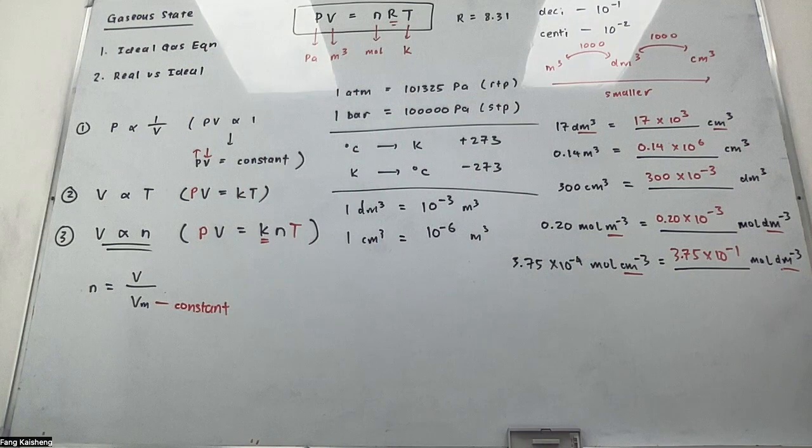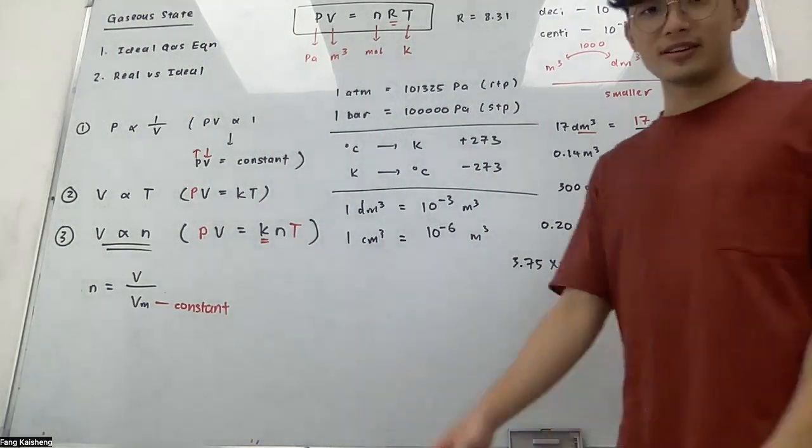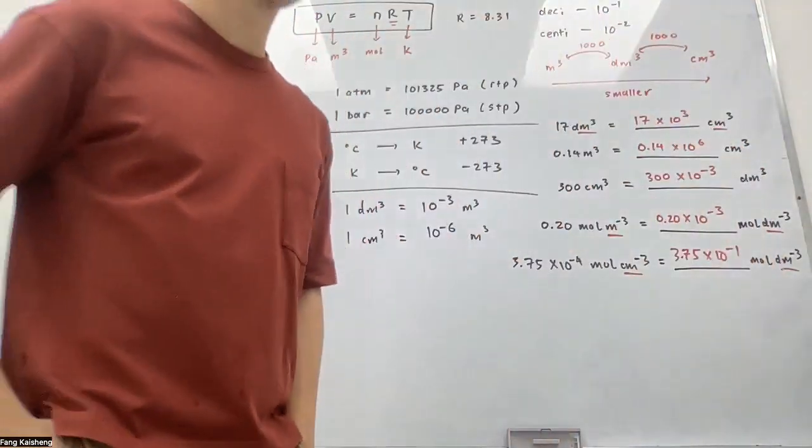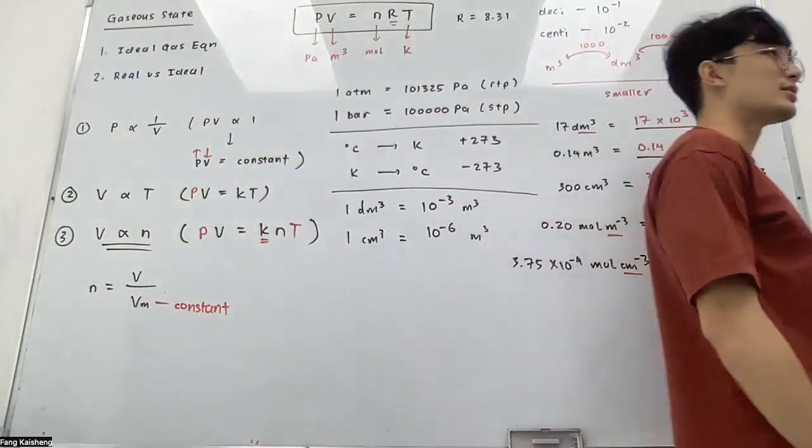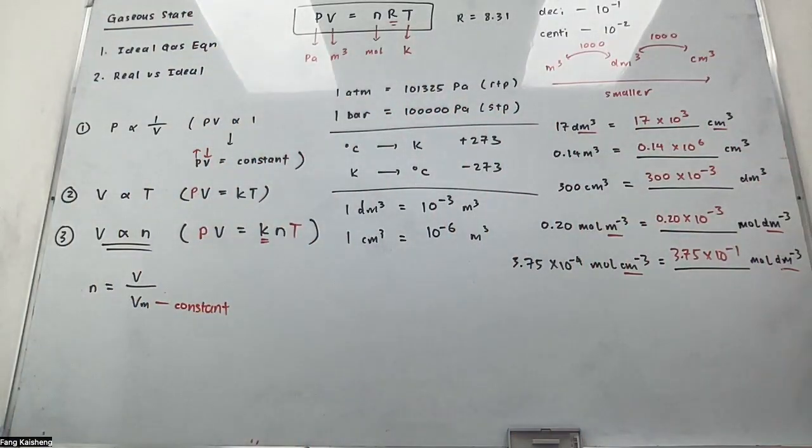As long as you get the answer on the top right, you can just move on. Just sub into your PV equals nRT.